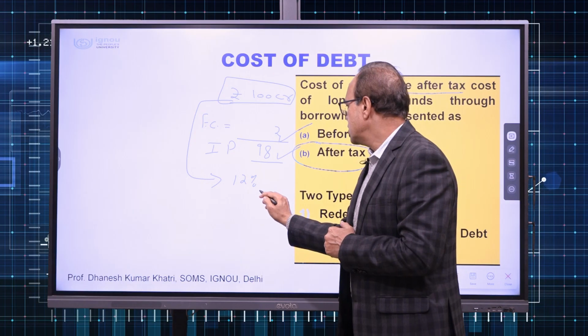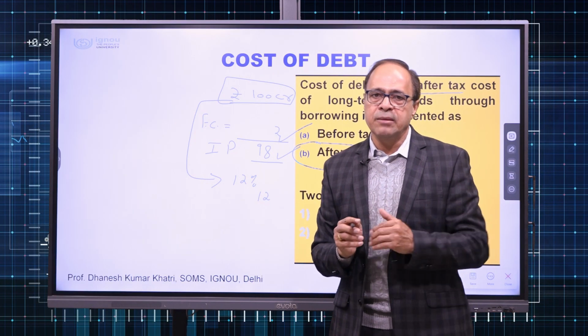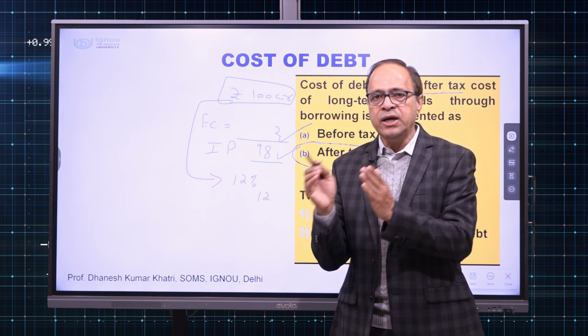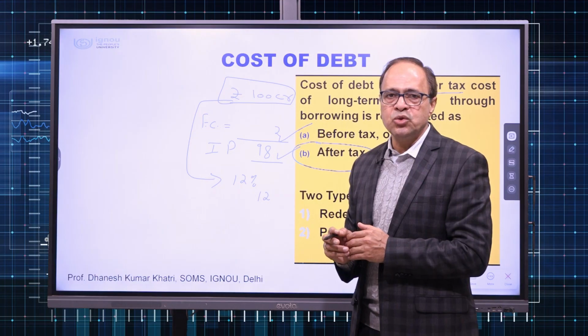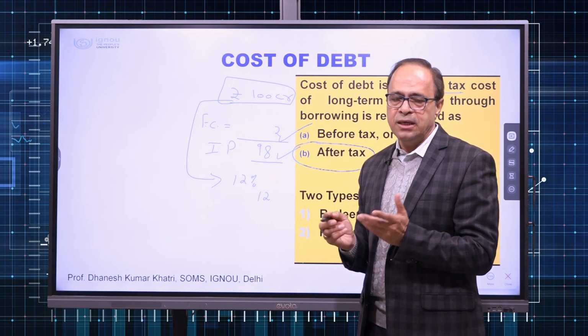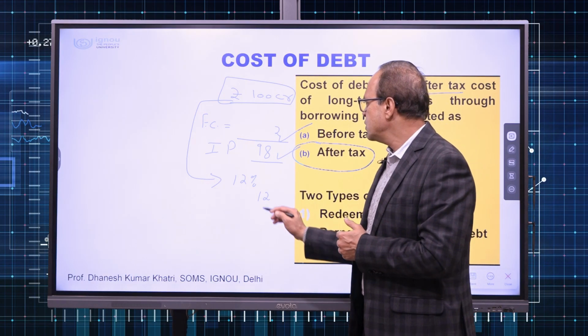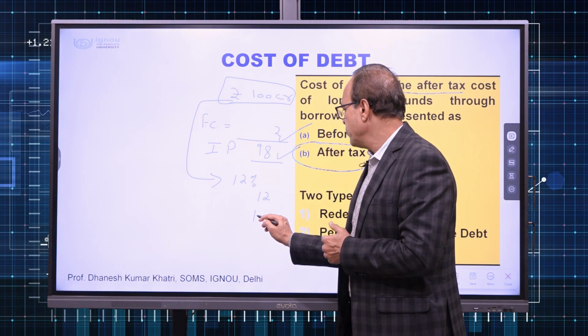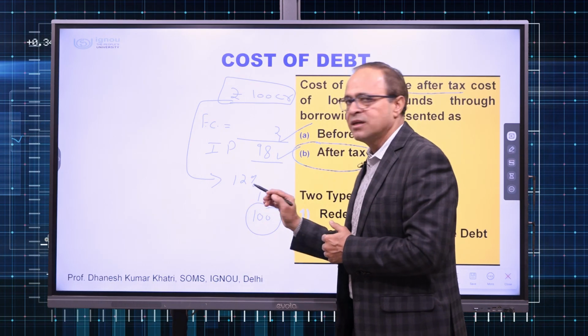It means 12 crore rupees will be paid as interest year on year till the maturity. And at the end of the maturity period, the company has the obligation to repay the principal amount at least. It might pay more, it might pay a different amount, that depends upon the terms and conditions of the debentures. So, let us assume the company will pay 100 crore rupees back at the end of the third year.